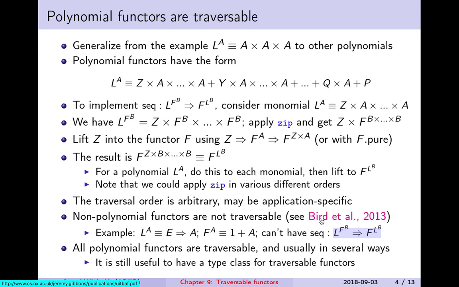It's a complicated paper, very theoretical, but it has a proof that only polynomial functors are traversable, and also that they must be finite. So infinite lists do not fit the conditions of their theorem. Only finite containers. Polynomial functors are essentially containers with data.